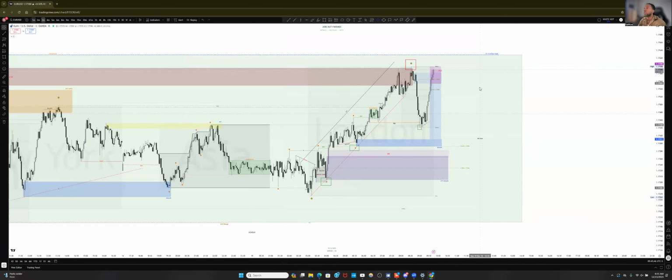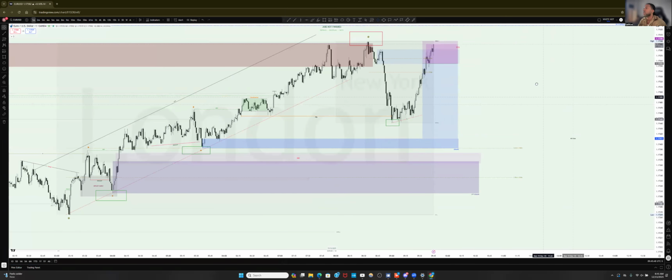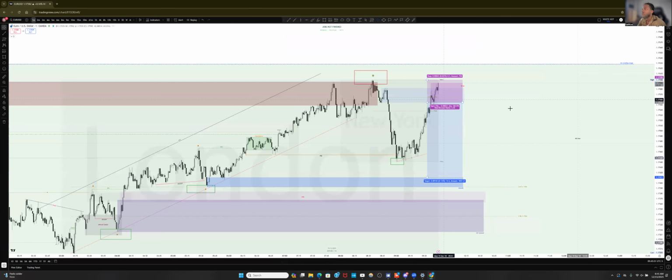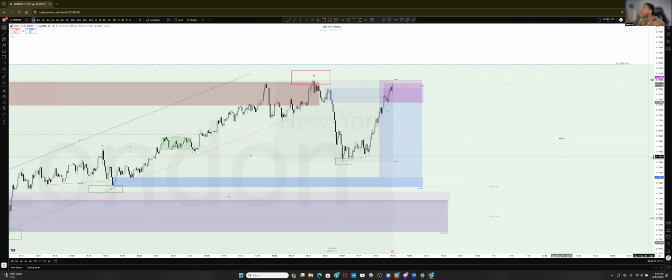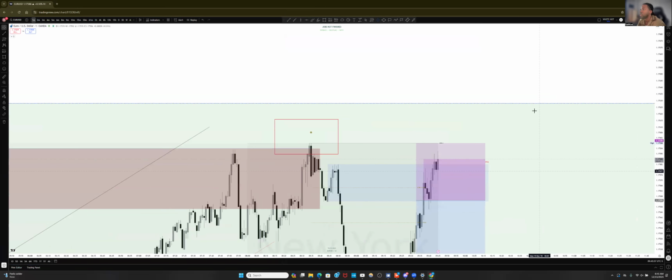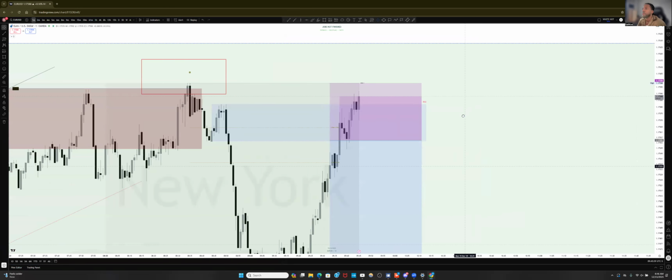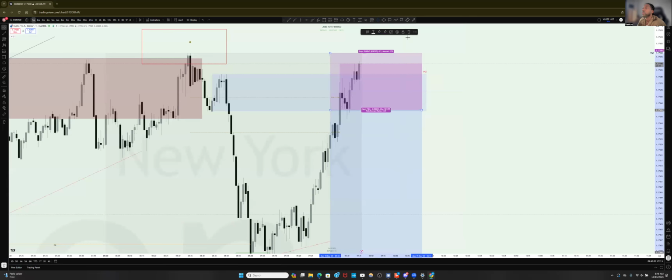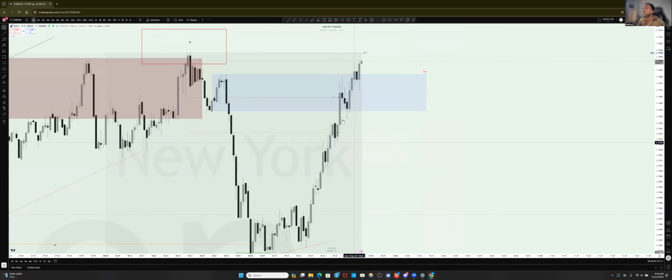All right, so this zone is about to fail. Price hasn't given us an entry for the buys yet. Perhaps we could get something. Let's get closer to price action. Let me get this out the way. High, low, high, break. Perhaps price can come back and retest this zone.